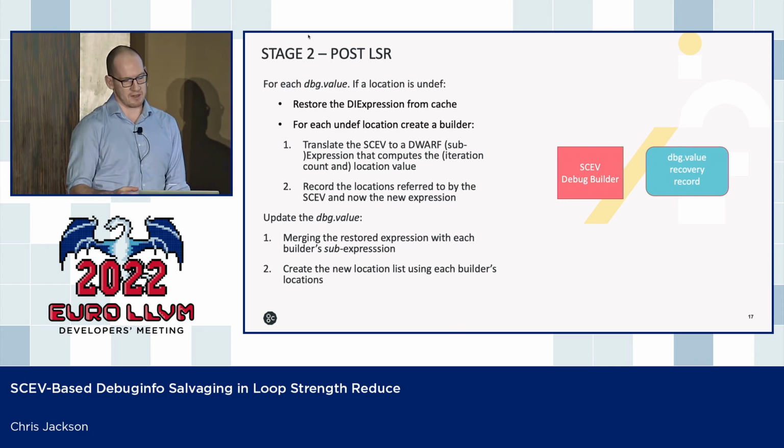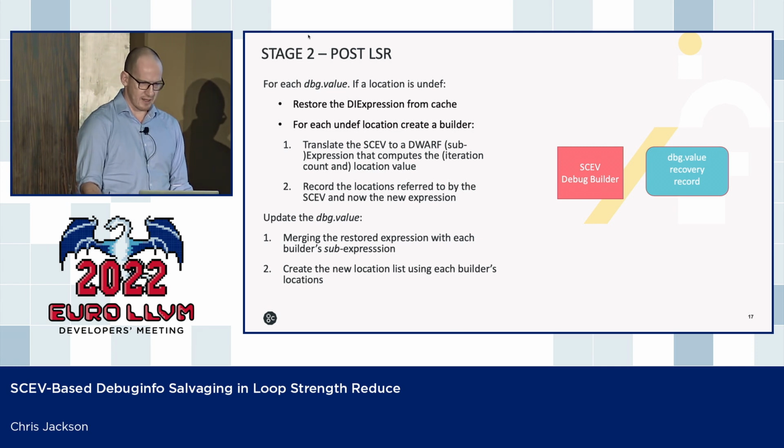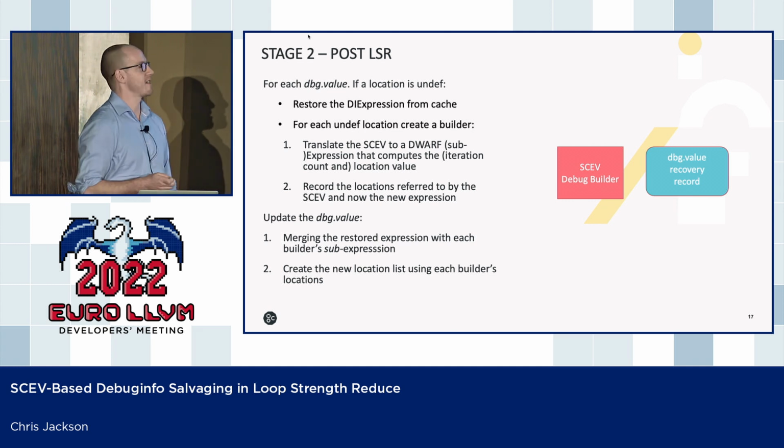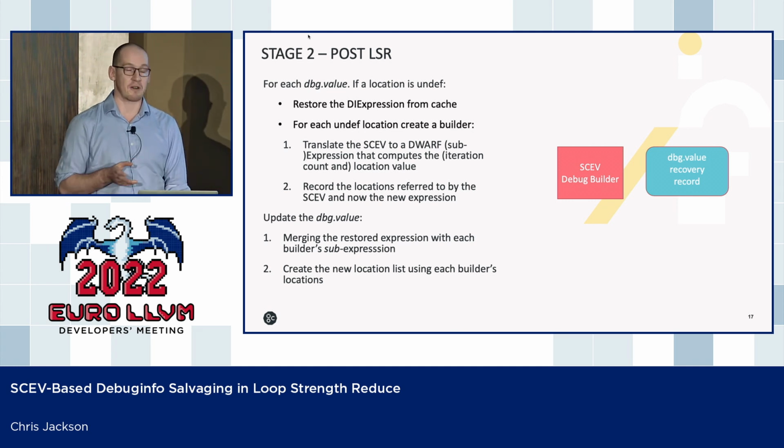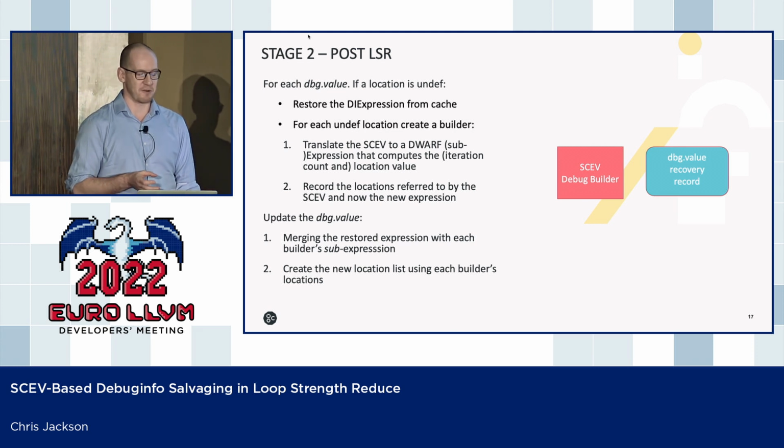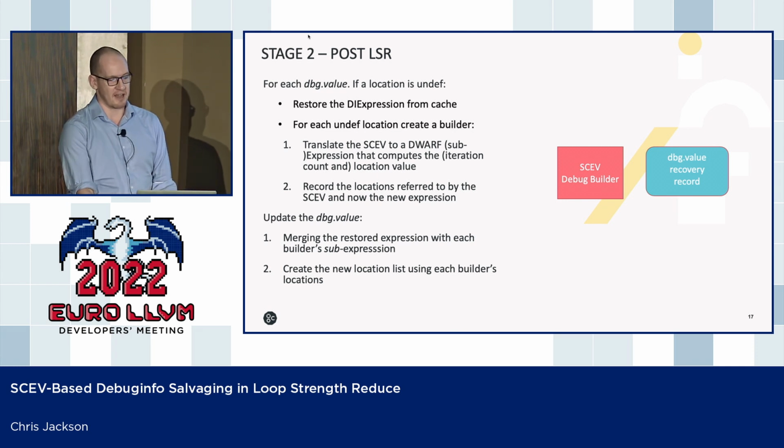And what we'll do is, for each missing location, we'll take the corresponding SCEV, translate it to a DWARF expression or sub-expression, and we'll also store the locations referred to by the SCEV. Now the sub-expression, and the debug.value will be updated.